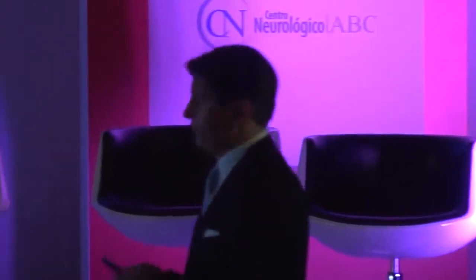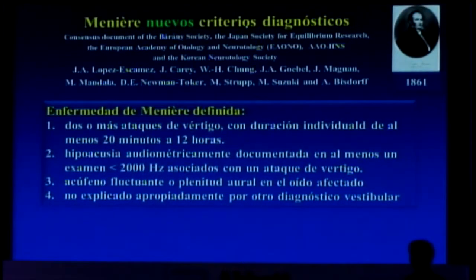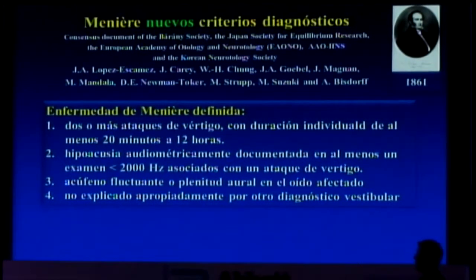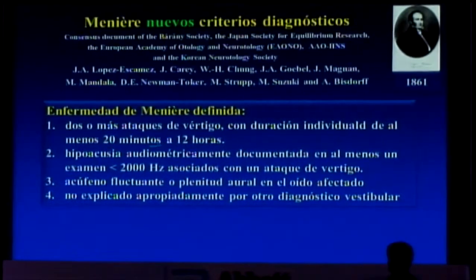So the diagnosis is very easy for you, Meniere's disease. And again, we have new diagnostic criteria, which are fortunately approved by the major international societies: Japan, Korea, the US, and Europe. These are the currently recommended diagnostic criteria, which are going to be published soon. So at least 2 attacks of vertigo, which last 20 minutes to 12 hours.